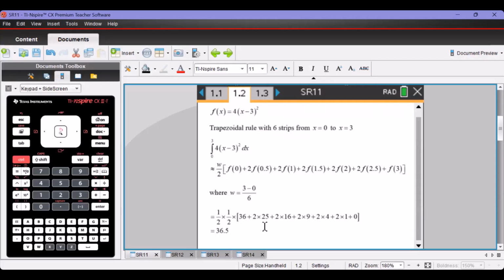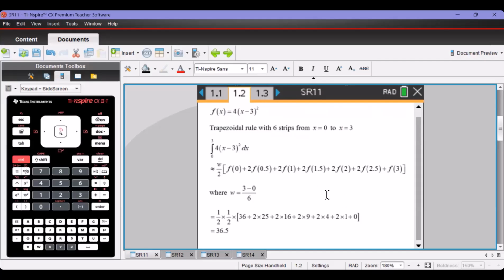Then you just evaluate that expression, and the approximate area you obtain is 36.5 square units. You'll need to write all that down to achieve full marks for this question.